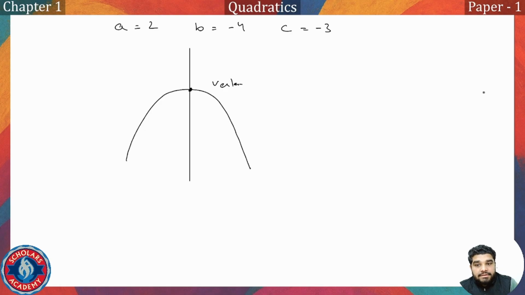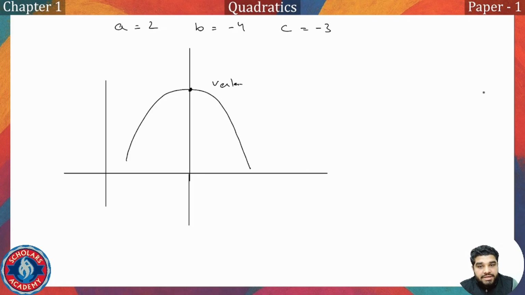If I check this line with the x and y axis, it will be the x coordinate that this vertex has. So if the vertex is a comma b, the x coordinate is a, so the equation of the line will be x is equal to a.